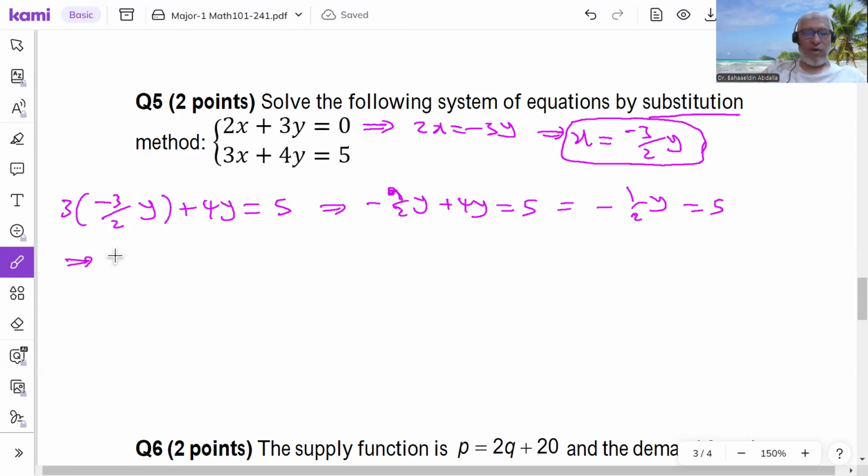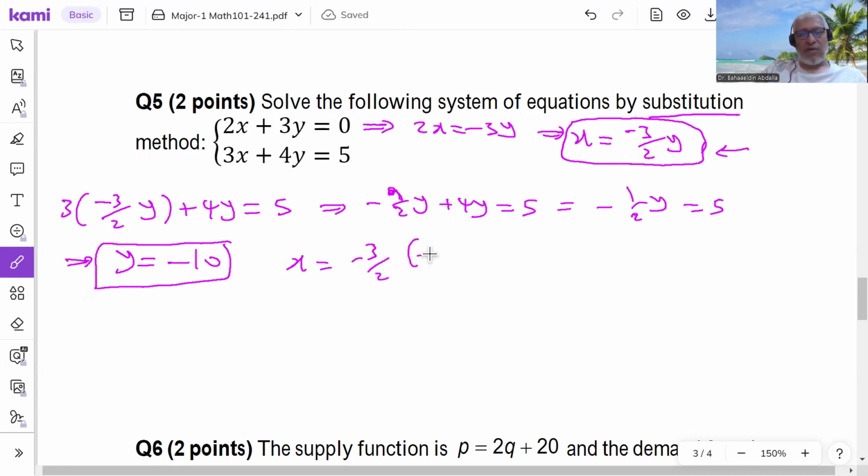Multiplying both sides by negative 2, then y is negative 10. Now going here, replacing y by negative 10, I'll have negative 3 over 2 times negative 10, minus times minus is plus, 10 over 2 is 5, 3 times 5 is 15, so x is 15, y is negative 10. That's the solution set.